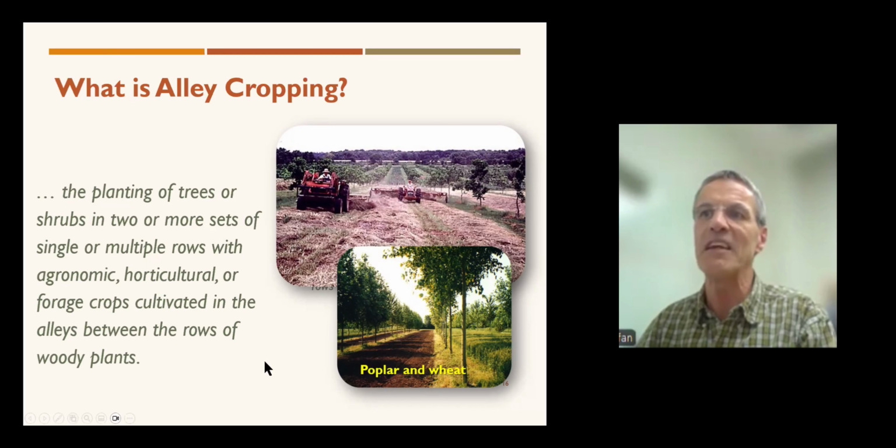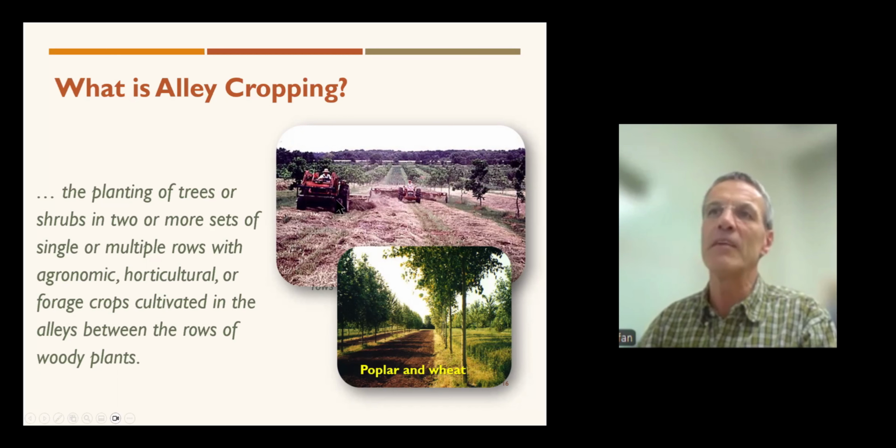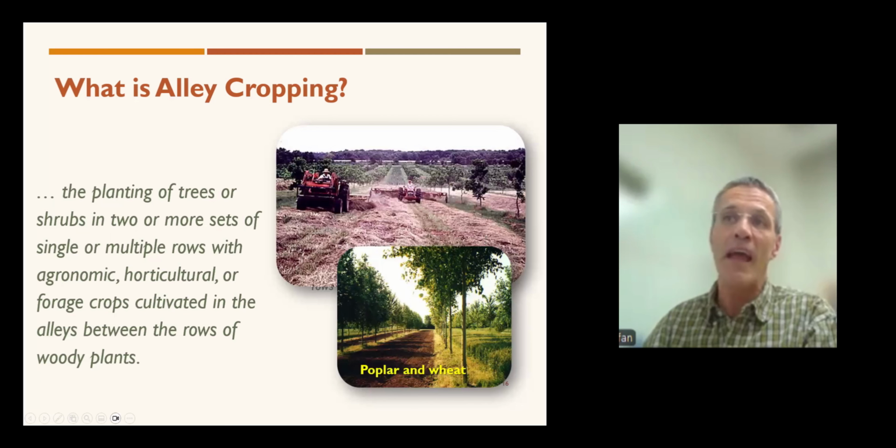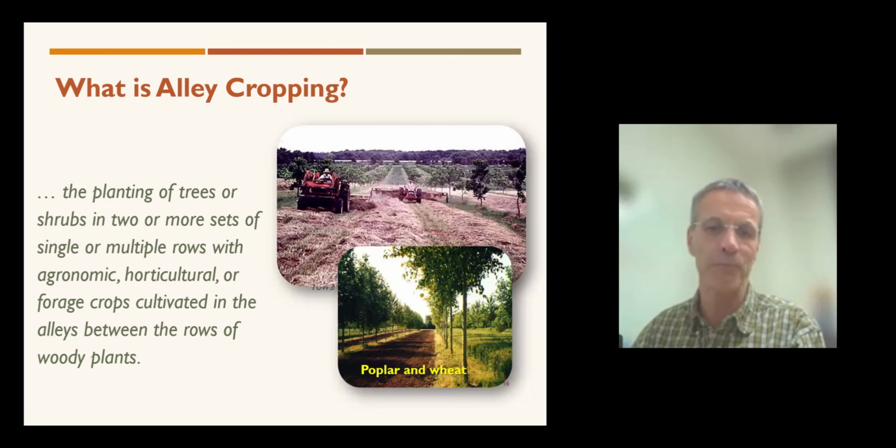You can see it can be more narrow rows like here, with poplar trees and wheat grown in between. And it could be very wide rows. In this case, they grow nut trees, and they have a very wide alley where they basically grow hay, which is later used for feed.